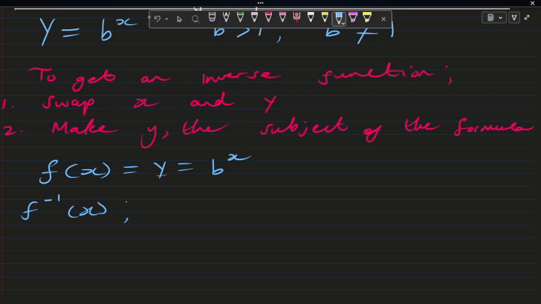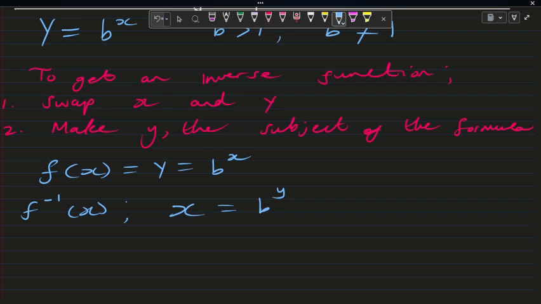Step number one, we have to swap x and y. If we do that, we obtain x is equal to b to the power of y. Then step number two is that we have to make y the subject of the formula.